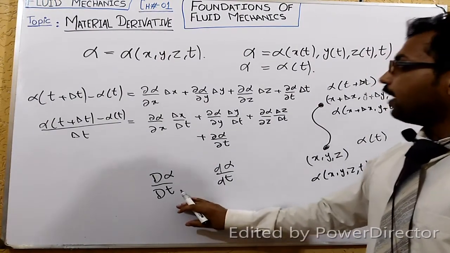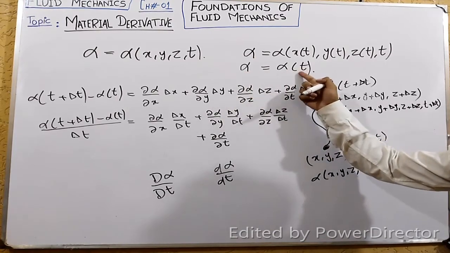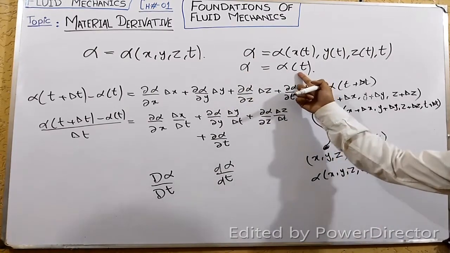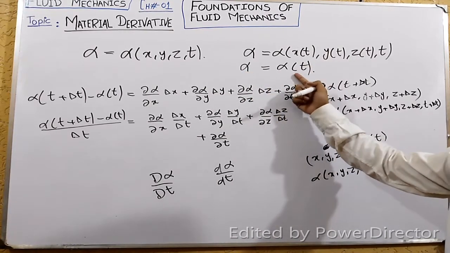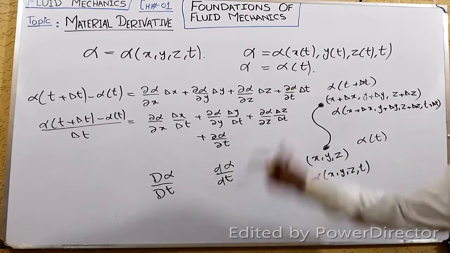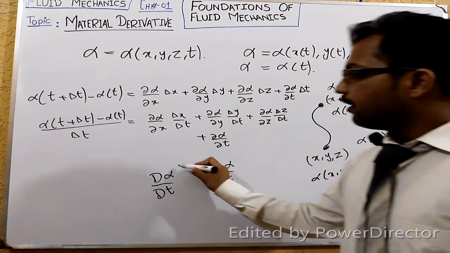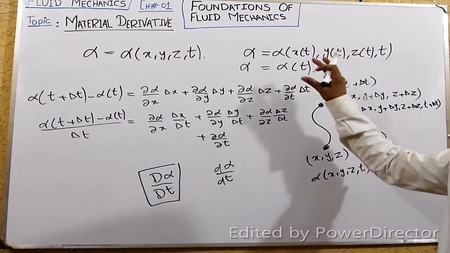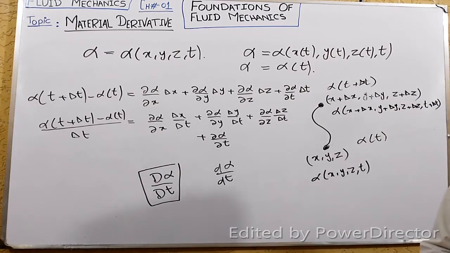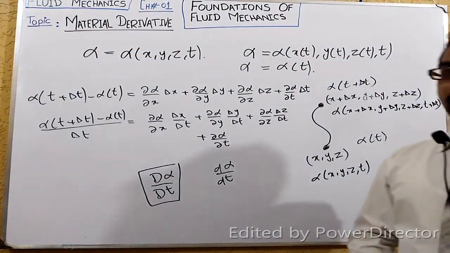And note that in the Lagrangian description, alpha depends on the time t only. Therefore, if we differentiate this equation with respect to t, then we will get the total derivative of alpha with respect to time t. Therefore, this derivative is called the derivative in the Lagrangian coordinate system, and we call it the Lagrangian derivative or the material derivative, or it is also called the substantial derivative.